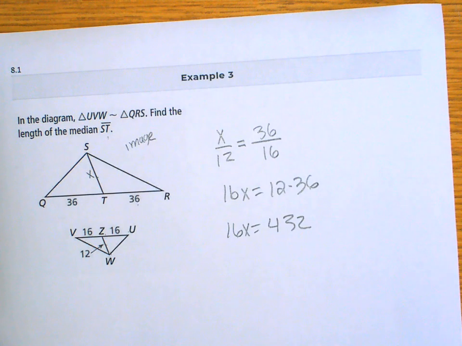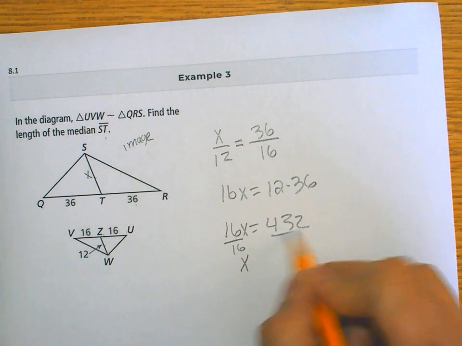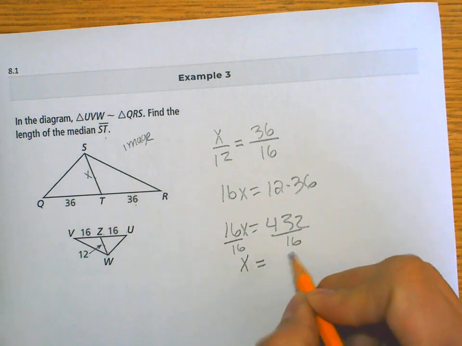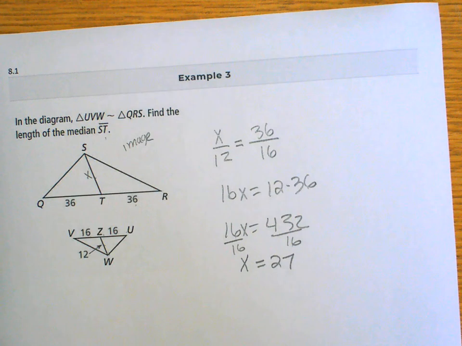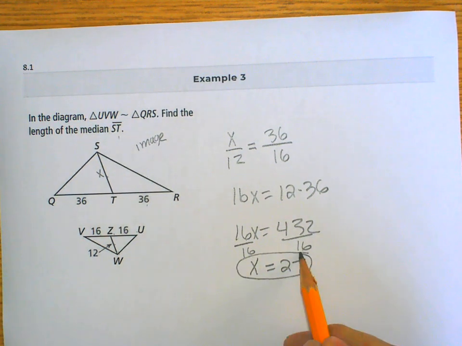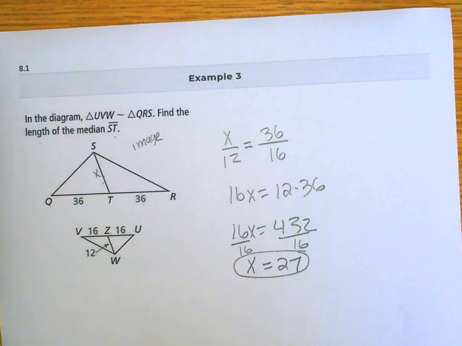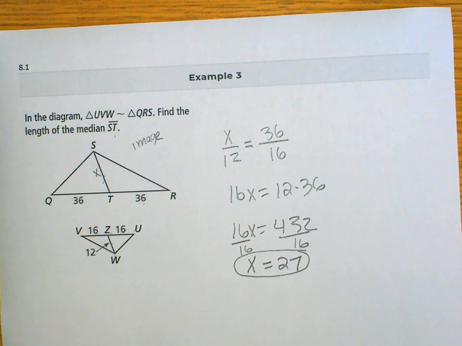And then you simply divide that by 16 and you get x is equal to 27. So that is going to be the value of this median. Okay, and that is example number 3.